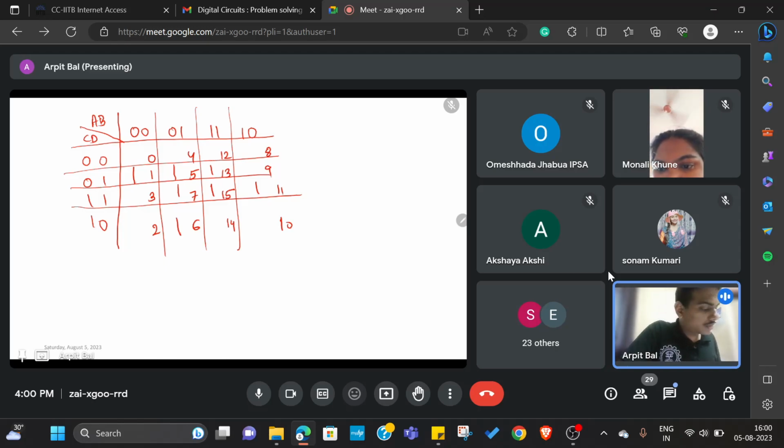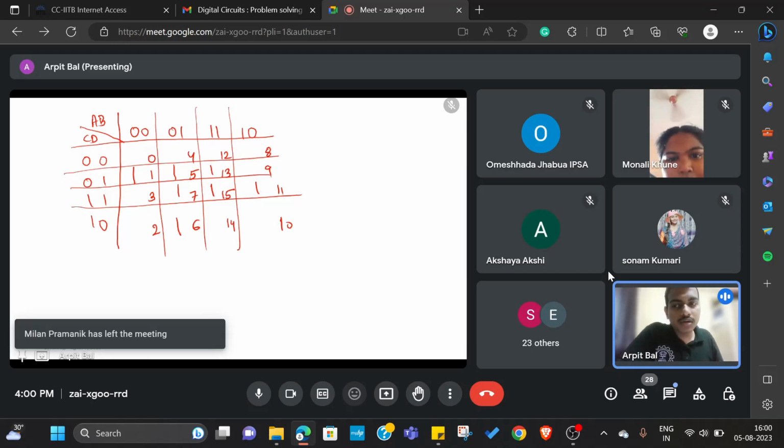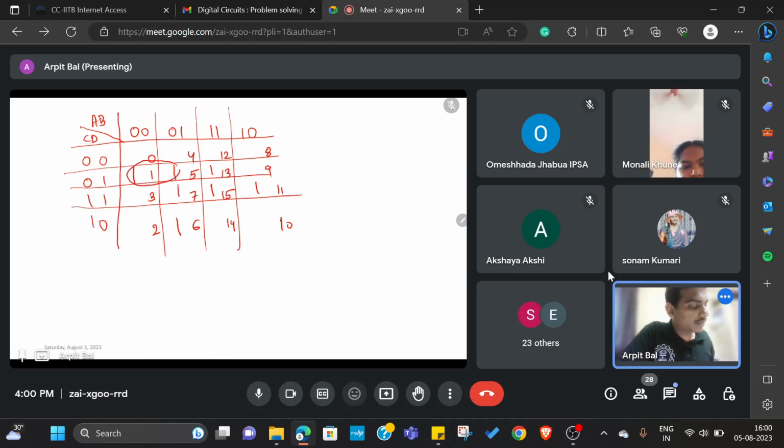Here what we need to do is to reduce the number of terms. We can group the adjacent numbers. If we have adjacent numbers in 2 to the power 1, then we can group those numbers. So let's say we group this one. These two are adjacent, we can group them. These two, and these two, and these two are also adjacent, we can group them.